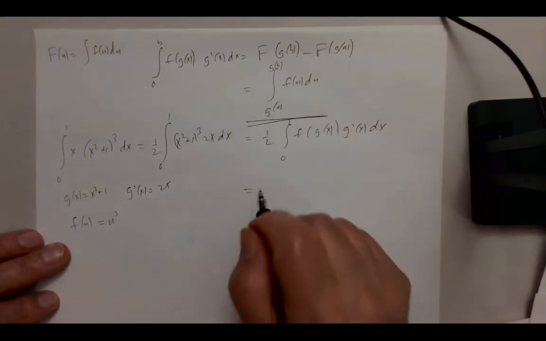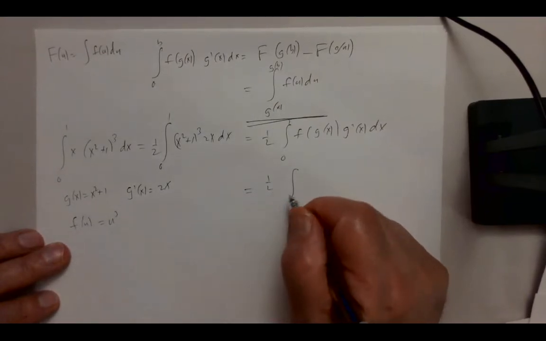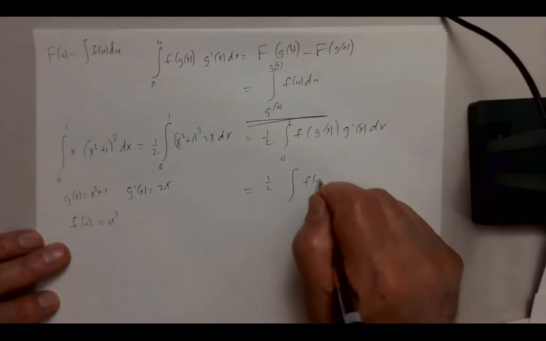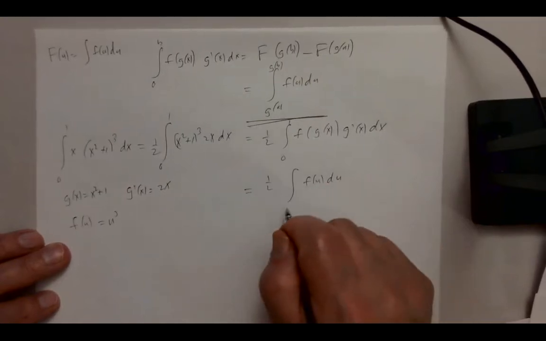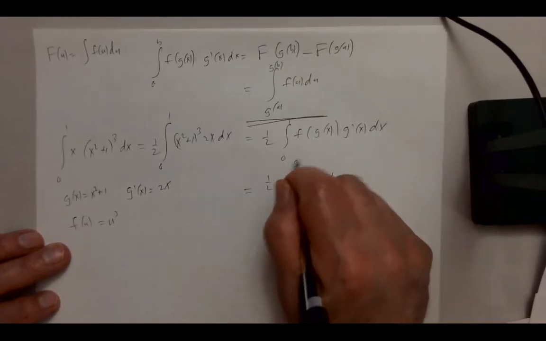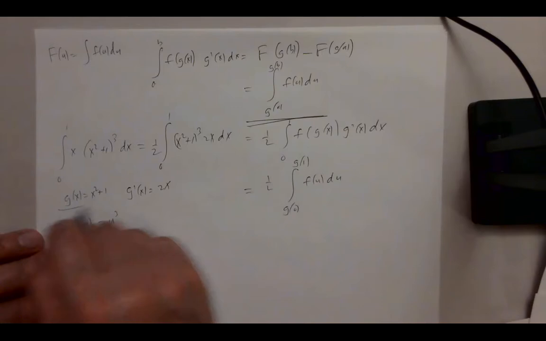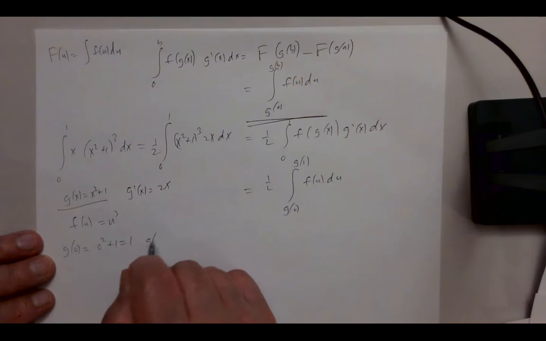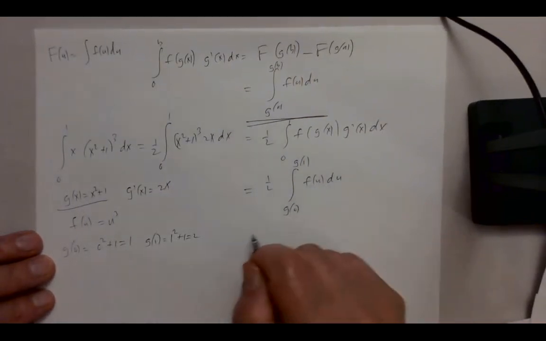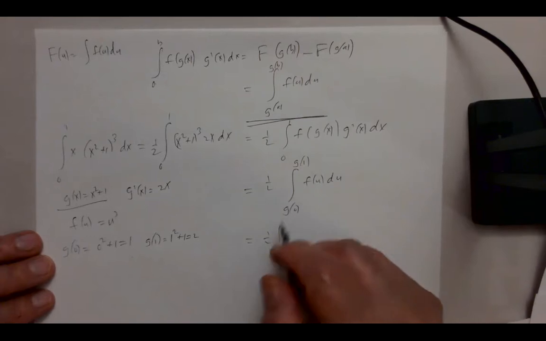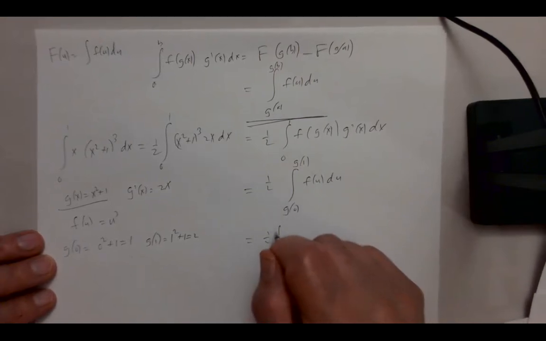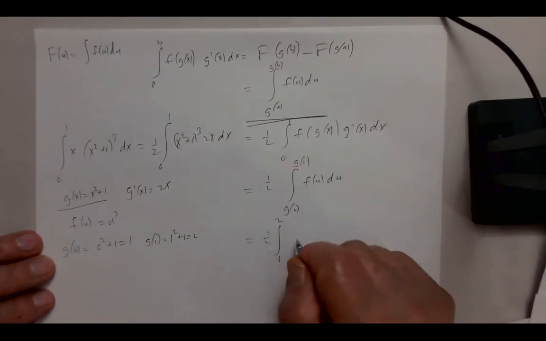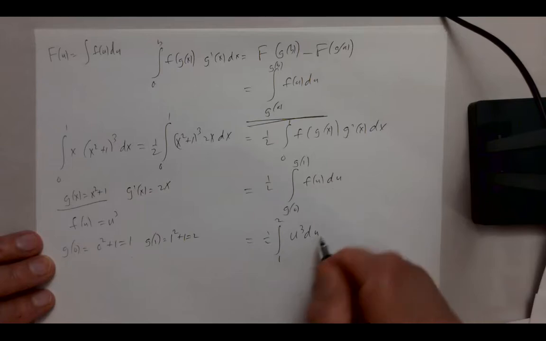By this formula, this is 1/2 the integral of f of u du from g of 0 to g of 1. That's g of x. g of 0 is 0 squared plus 1 or 1. g of 1 is 1 squared plus 1 or 2. So this is 1/2 the integral from 1 to 2 of u cubed du.